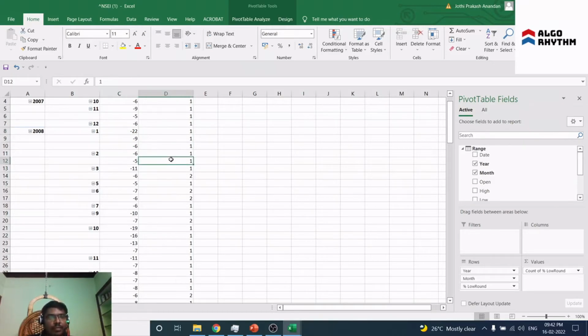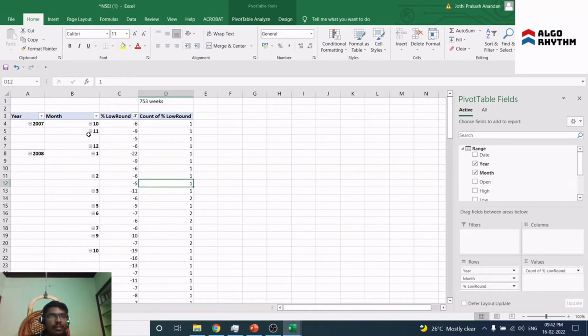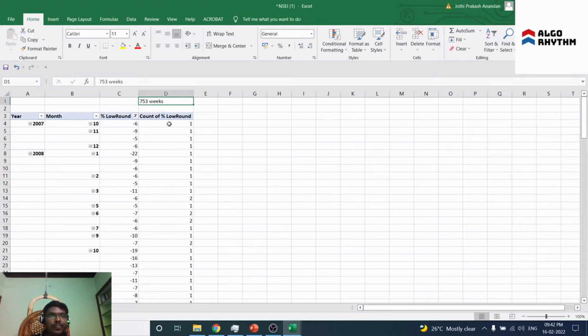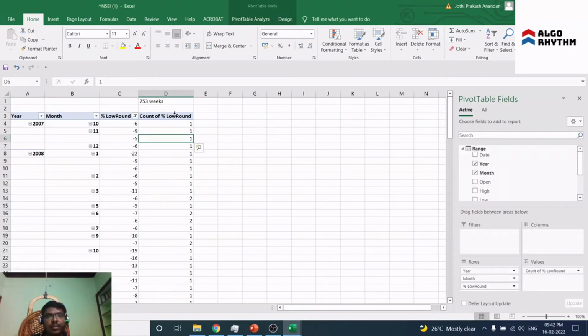So I think you might have some fair idea over here. 753 weeks in the past 15 years, and we can see that in 76 weeks the market went down by 5 percent or more. So that's like 10 percent of the times.